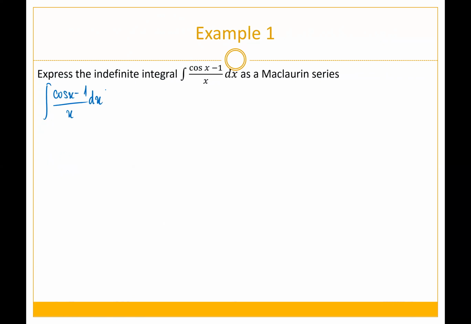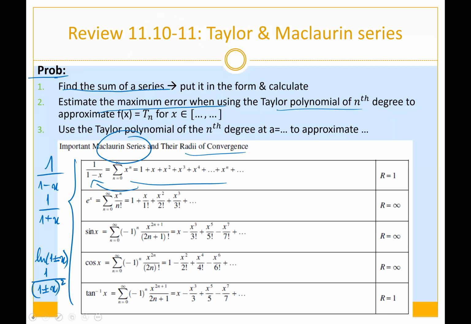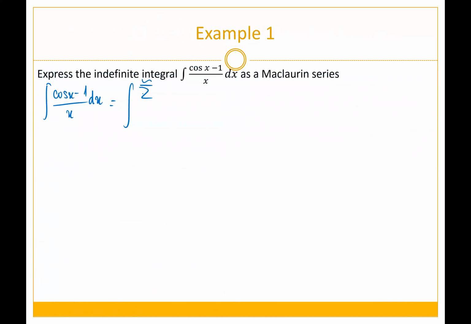So the first one is the Maclaurin series of cosine x, which we have from the table here. You're gonna have the series from n equal to 0 to infinity, negative 1 to the n, x to the 2n over 2n factorial, minus 1 divided by x dx.